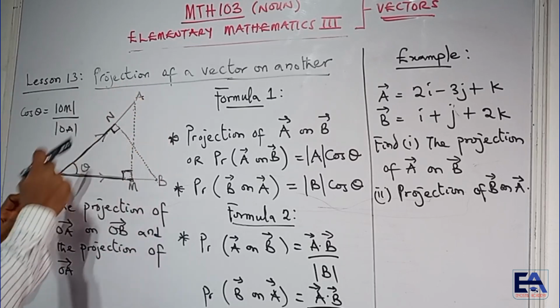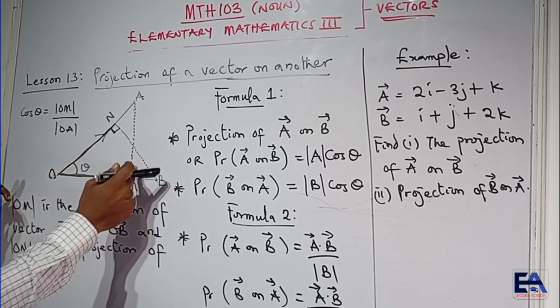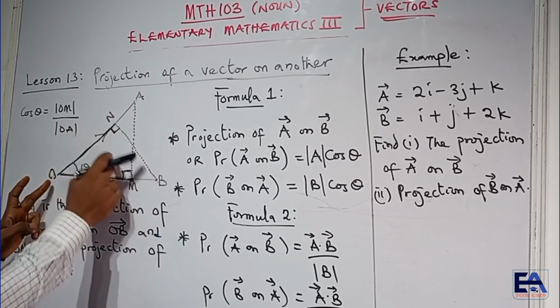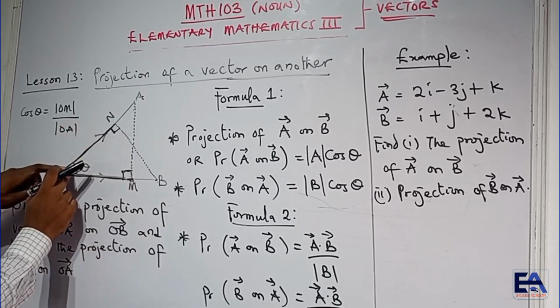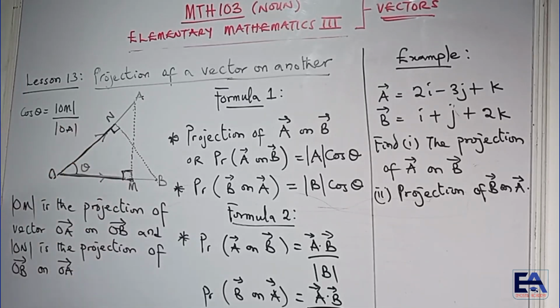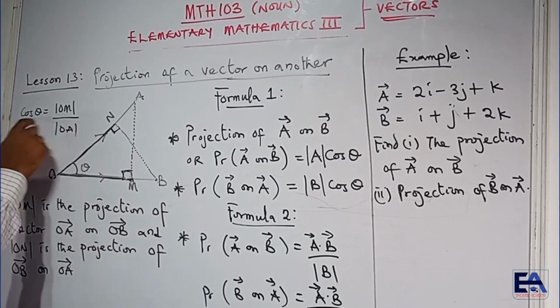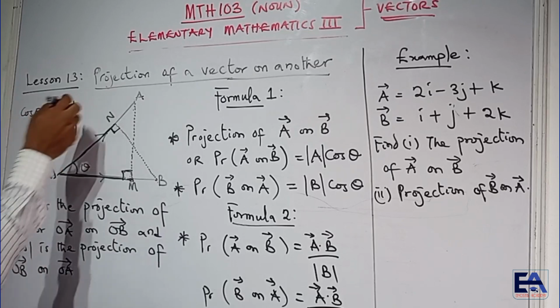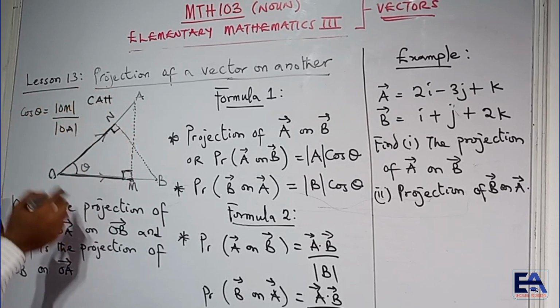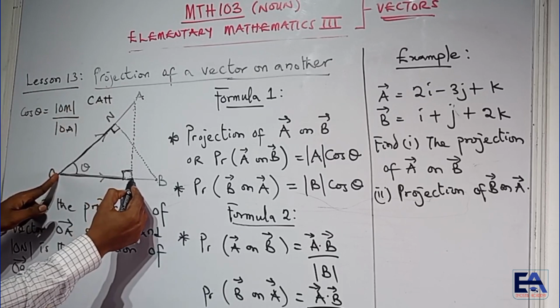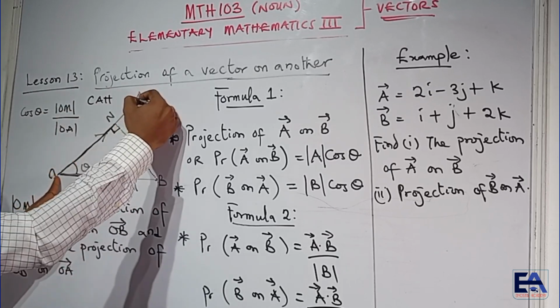It's representing the hypotenuse here, the side facing the right angle, while this one is the opposite. So cos theta is adjacent over hypotenuse. That is CAH. As you can see, the adjacent is OM, the hypotenuse is the whole length of OA.